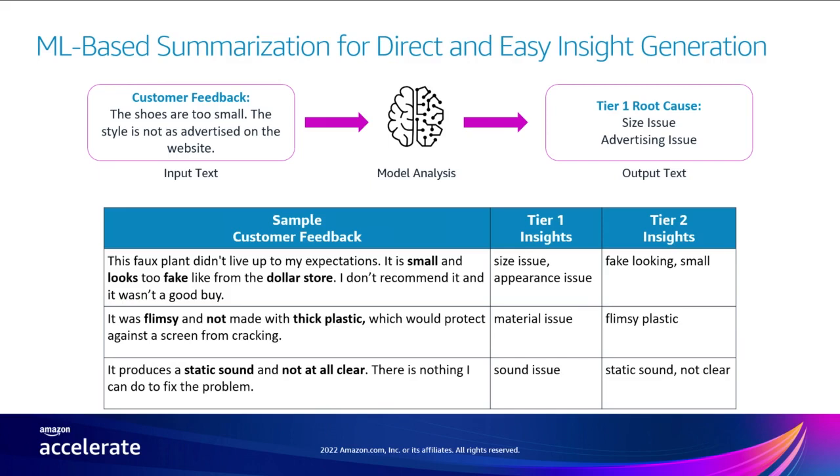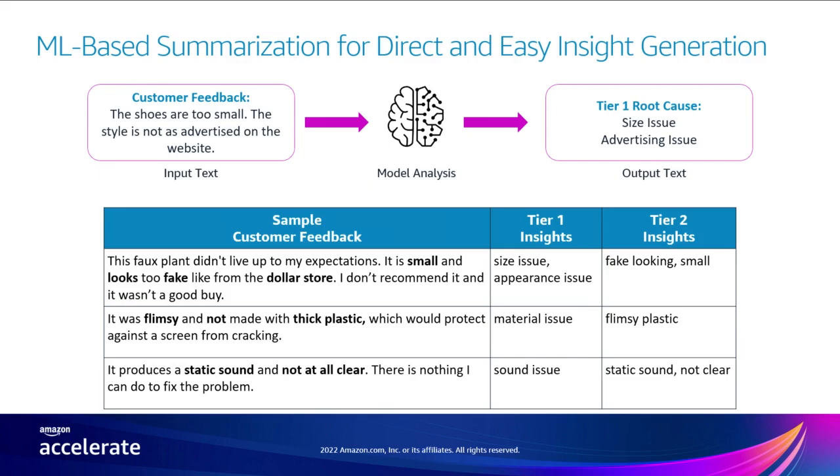Now let's look at the second example. The customer purchased a screen protector, and they are unhappy with the product. They tell us it was flimsy and not made with thick plastic, which would protect against a screen from cracking. Our model outputs the first tier insight as material issue. But what about the material issue? The second tier says it's flimsy, plastic, and not durable.